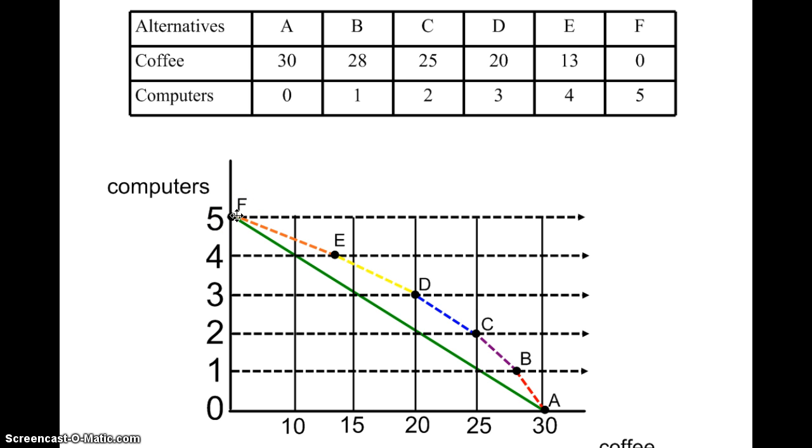Well, then we just move a little bit down this line, but the slope here is the same as the slope from this whole section. So we can approximate the opportunity cost of 1 cup of coffee by saying, if we gave up 1 computer, we get 13. So if we only wanted 1 cup of coffee, we would just have to give up 1/13 of a computer.